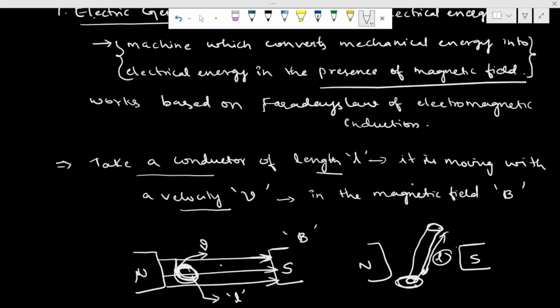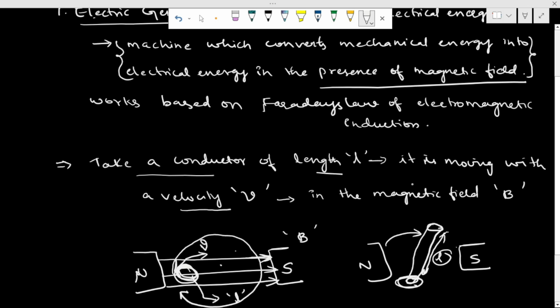Whenever the conductor is rotating with the help of external devices, it cuts the magnetic field or magnetic flux. First the conductor will touch this flux line, next it will touch this flux line, and next this flux line. So the conductor is cutting the flux.